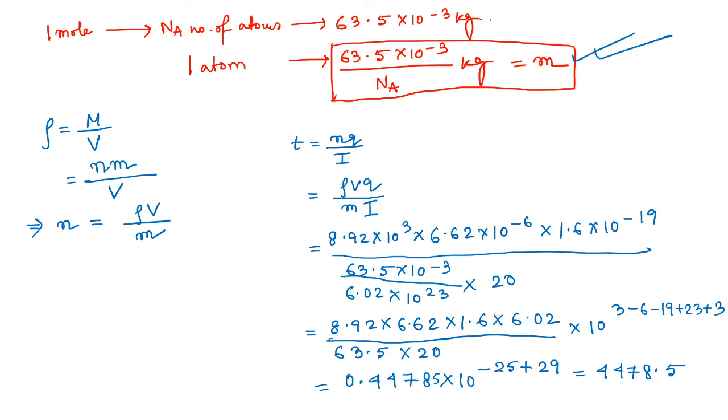So we are shifting the decimal 4 places. So 4478.5, and the unit would be in seconds.